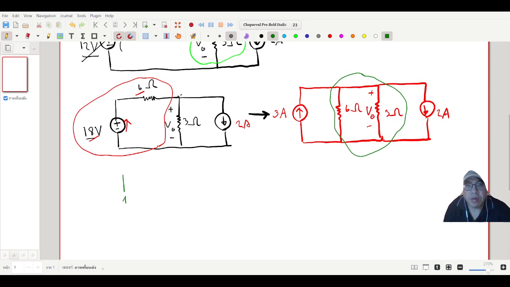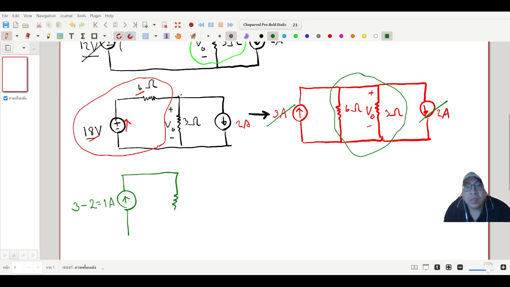And the current flow direction right now. What is the final value? You have 3 ampere upward, and you have 2 ampere downward. It is the opposite direction. That means you have right now 3 minus 2 equal 1 ampere upward.